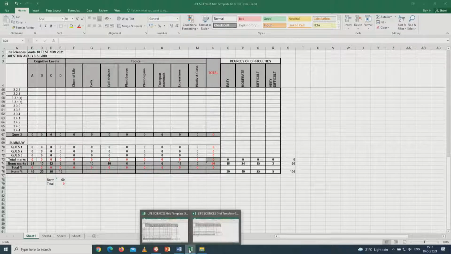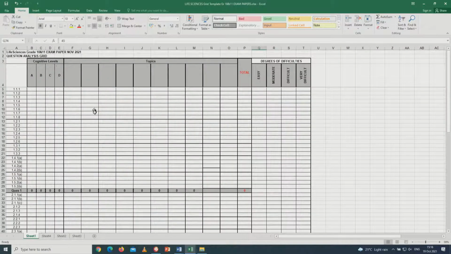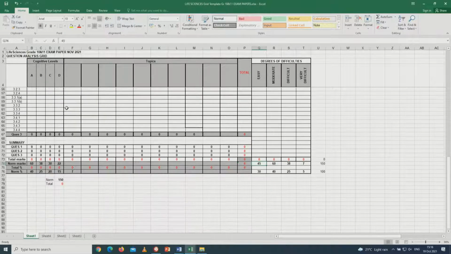And the last one, we will also provide for those of you, and you have received this earlier, I know that, but if you're setting fully fledged papers of 150, there's a grid for that also, which gives you the cognitive level marks for a test, then out of 150, or a paper 1 out of 150, and a paper 2 out of 150.